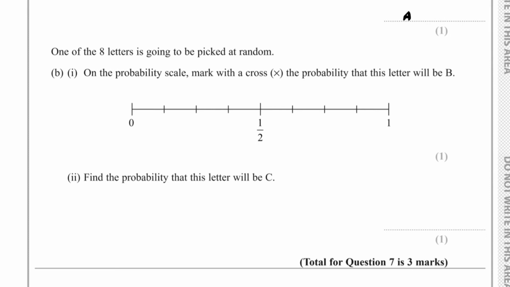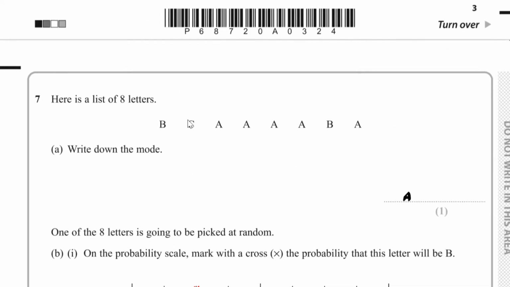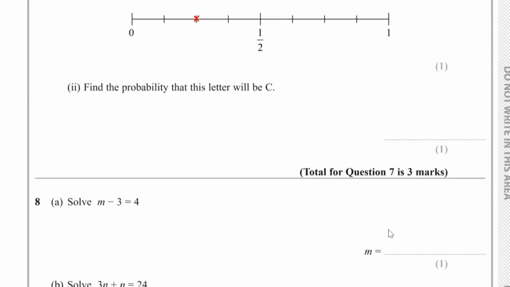So the probability that we will land on a B is 2/8, and that's shown by this cross here. For the next part, we have to find the probability that this letter will be C. Well, we can see C appears once, so our probability is given by 1/8.